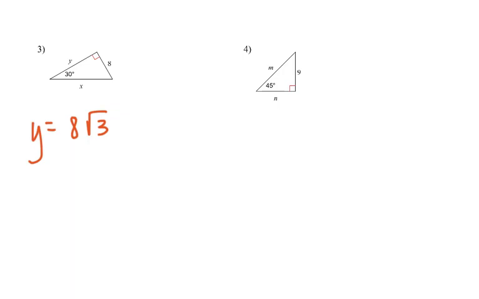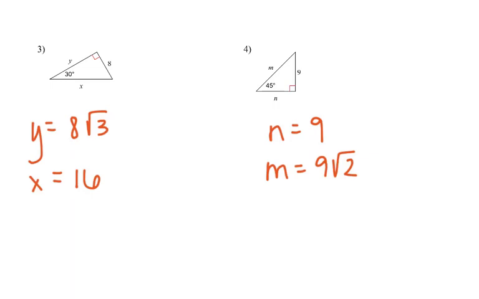And the hypotenuse is equal to the short leg times 2, which is 16. Over here in our 45, 45, 90, we're given the leg. So n is also equal to 9. And m is equal to the leg times root 2. Now, as we move through these problems, you'll see that you might have to be given a hypotenuse and move back to the leg. But that's why we have examples.